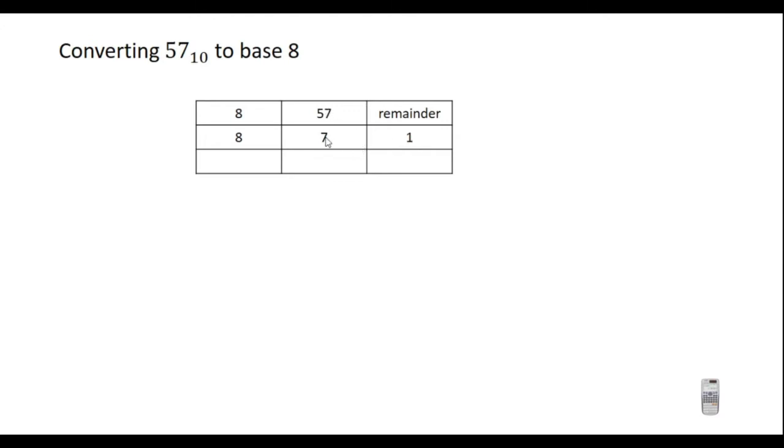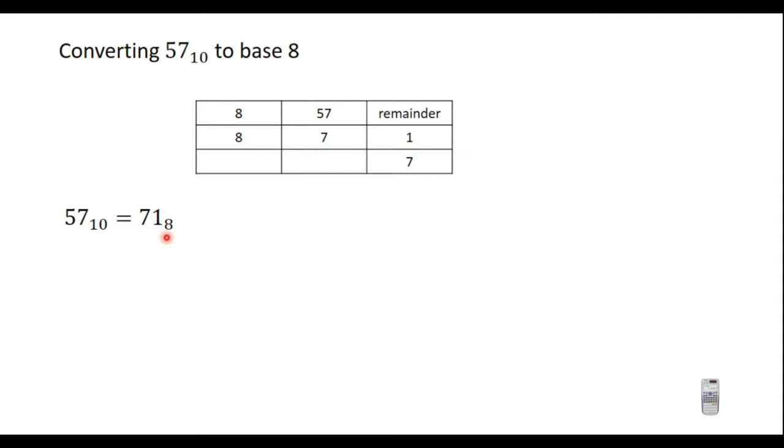Now we can see from here that the number here is 7. The 1 here is less than 8, so you are going to write it here. So we have now converted 57 to base 8, and in picking it, we pick the answer as 71. So if you convert 57 from base 10 to base 8, you get 71.